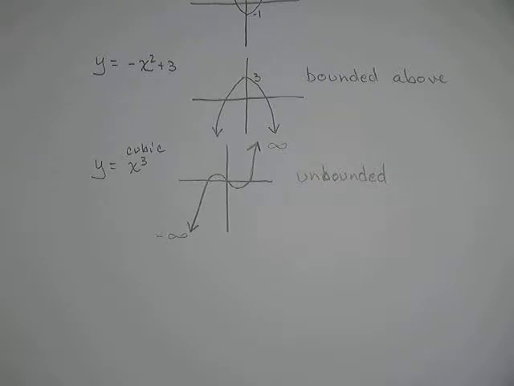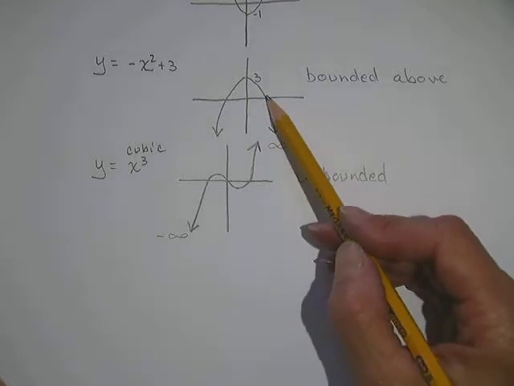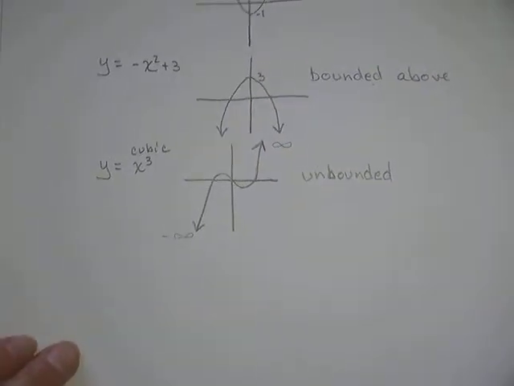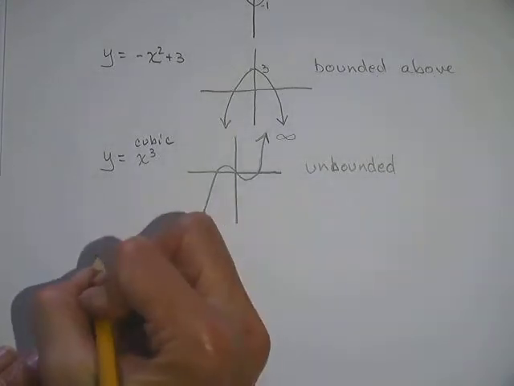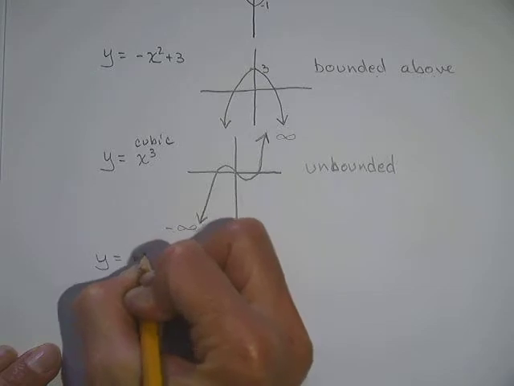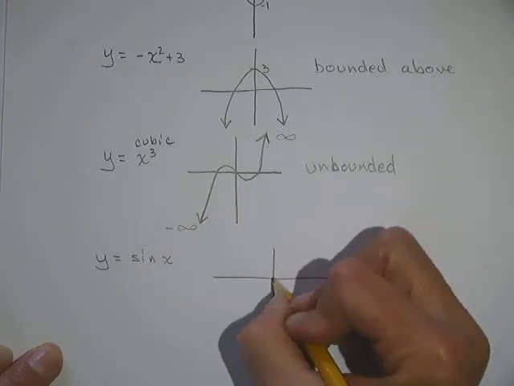Okay, what if it's just an upside down parabola like this? It'd be bounded above. Now, some of the other functions that we're going to learn are, let's say, y equals sine of x. That's a trig function that you may have encountered last year.